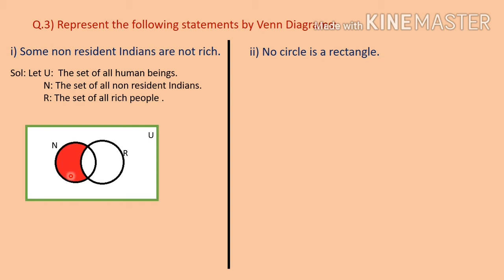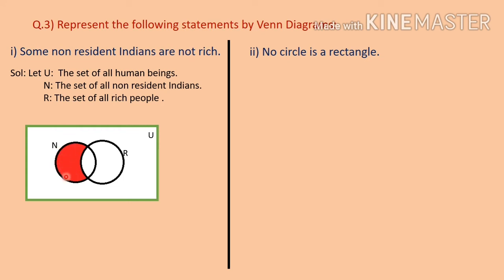Getting the point? This intersection will be the non-resident Indians who are rich. And this part is the set of rich people who are not non-resident Indians. Getting the point? Now your question is non-resident Indians which are not rich. So we will have to color this portion.